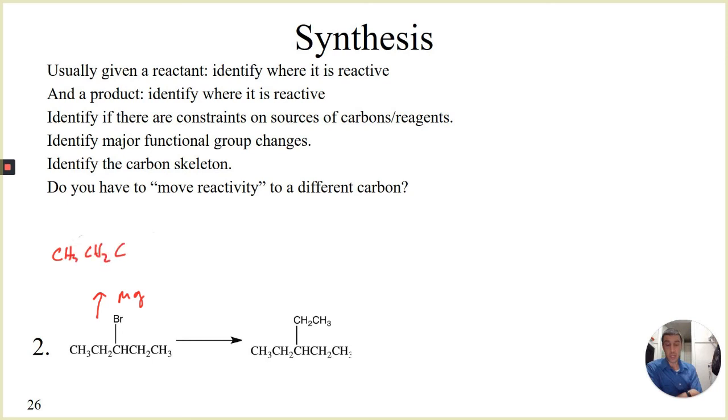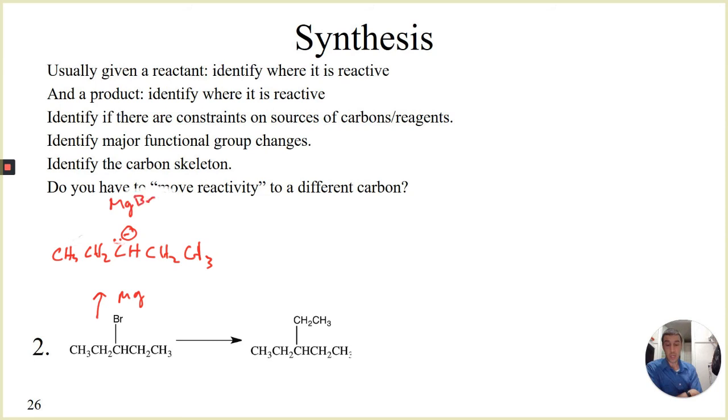CH3, CH2, CH, CH2, CH3. There's our MgBr. Okay, so really what we're doing, let's see if I can erase that gently. That sort of worked. We're forming our negative, I apologize, let me try that again. Lone pair, negative, there's our MgBr.